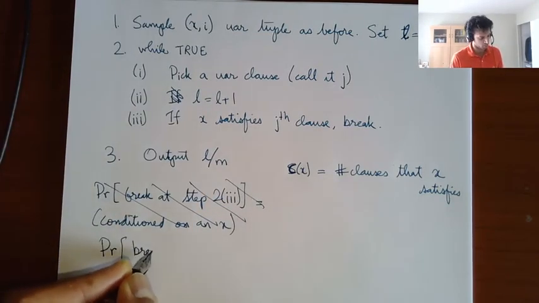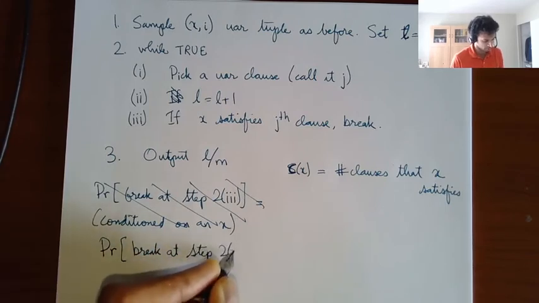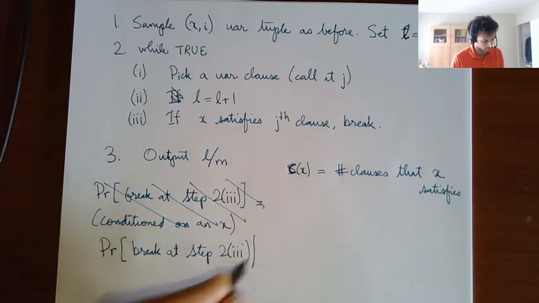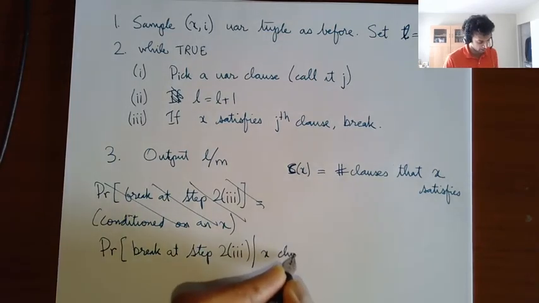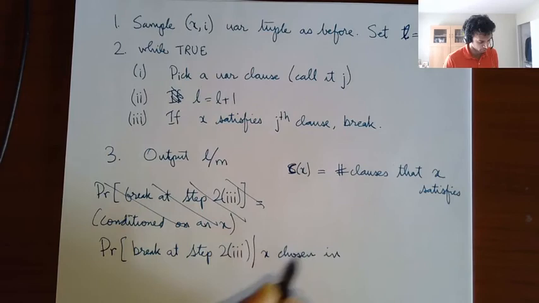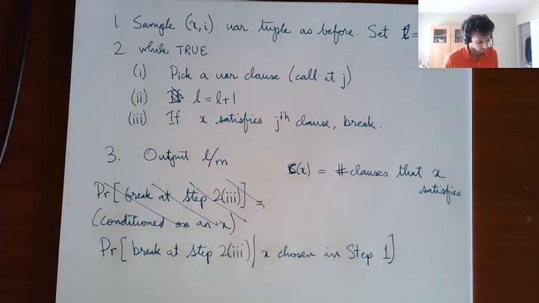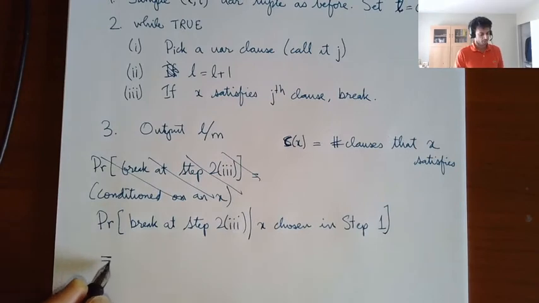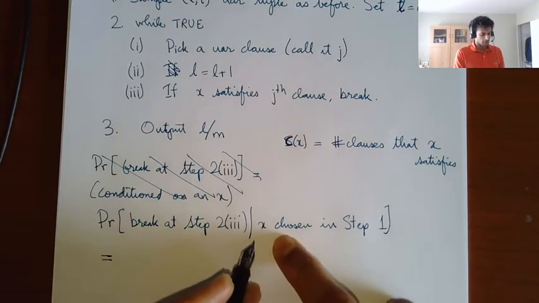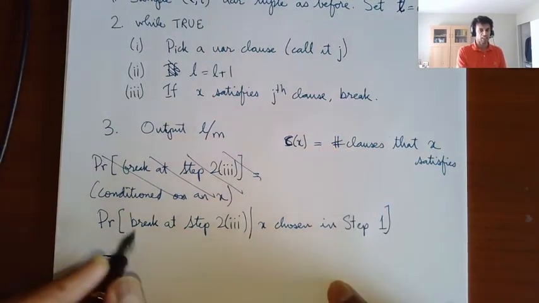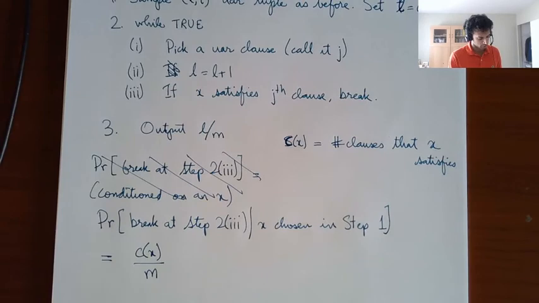The probability of a break at this step, conditioned on x chosen in step 1, if you fix an x, is exactly the number of clauses that x satisfies.